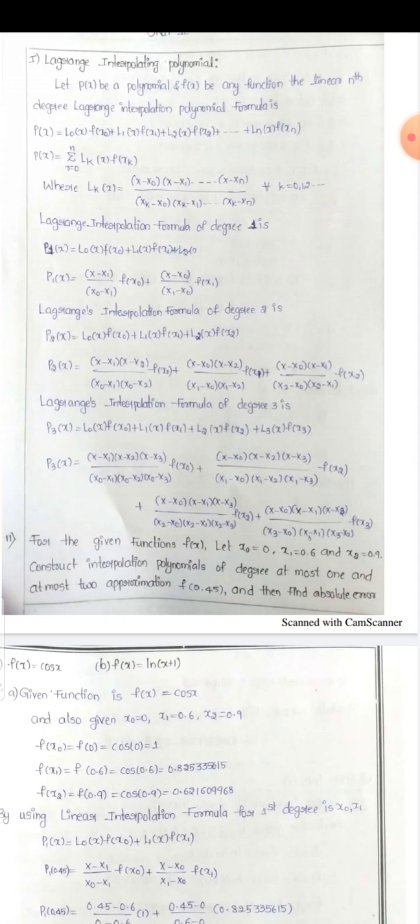P of x is equal to L0 of x f of x0 plus L1 of x f of x1 plus L2 of x f of x2 plus so on plus Ln of x f of xn.